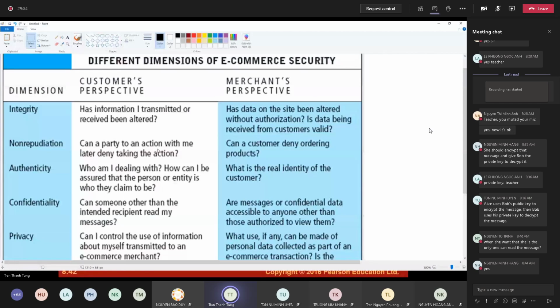First of all, integrity. The one I just told you about is non-repudiation. It means that the customer cannot deny the ordering of the products. The way we do it is you ask the user to use his private key to encrypt the message.